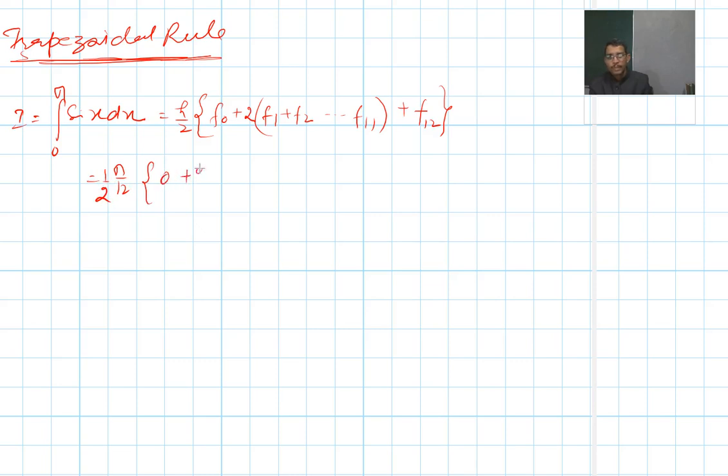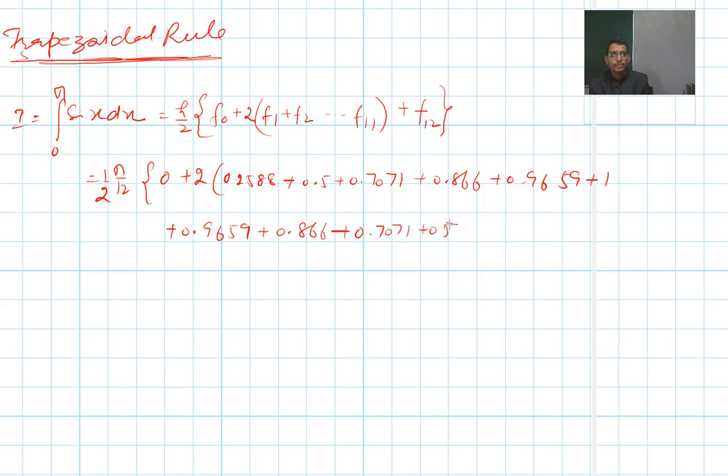So it is 0 plus twice of 2 into 0.2588 plus 0.5 plus 0.7071 plus 0.866 plus 0.9659 plus 1 plus 0.9659 plus 0.866 plus 0.7071 plus 0.5 plus 0.2588 plus 0.